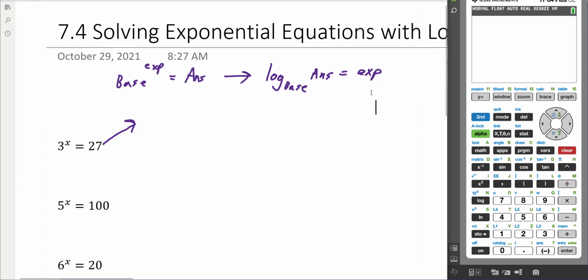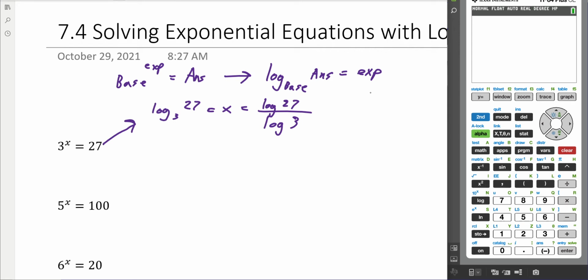In a very simple version, we can take this question and switch it to log 3 of 27 equals x, and we can't plug that directly into our calculator, but we can plug in log 27 over log of 3. So this is the one method, but what else could you do?